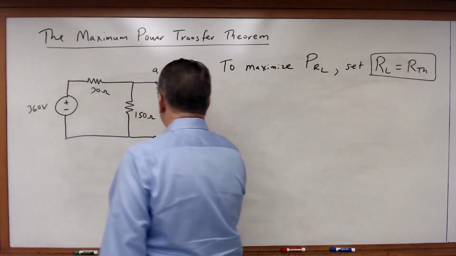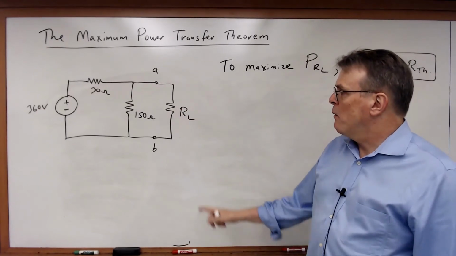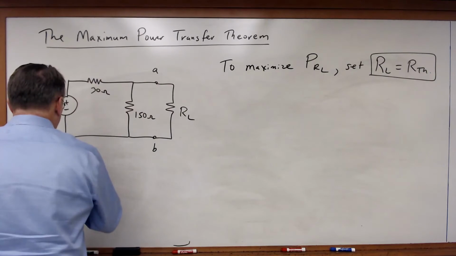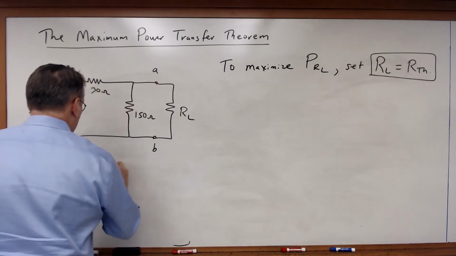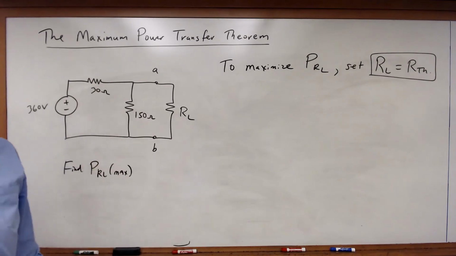I've got a load resistor connected across terminals A and B. And I want to find PRL max, and also the value of RL that maximizes PRL.